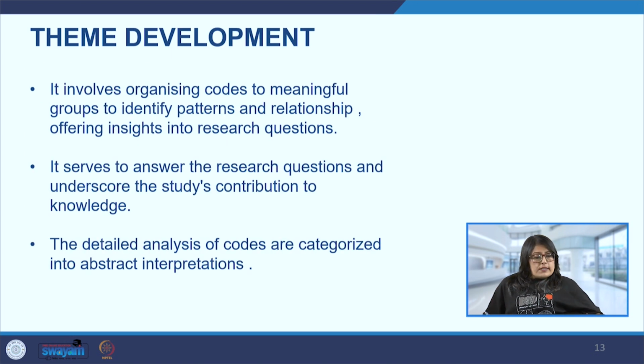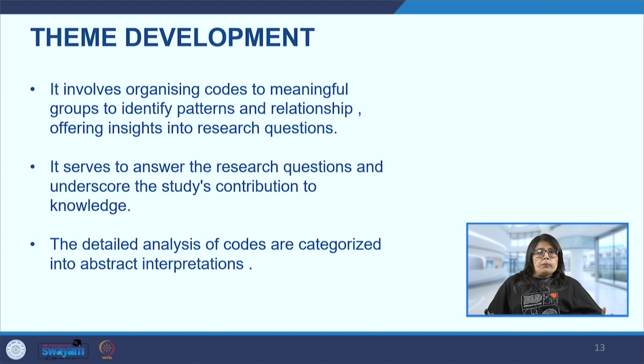Now from these codes that we have derived, we will be coming up with theme development. Theme development is organizing the codes into meaningful groups to identify patterns and relationships, and offering insights into research questions. We did start with certain research questions and some gaps that we were looking at.